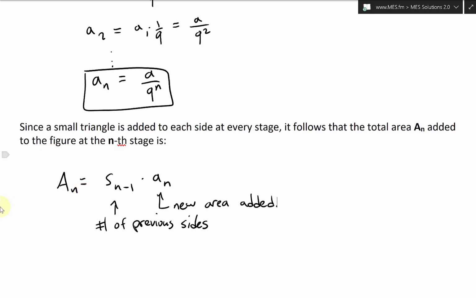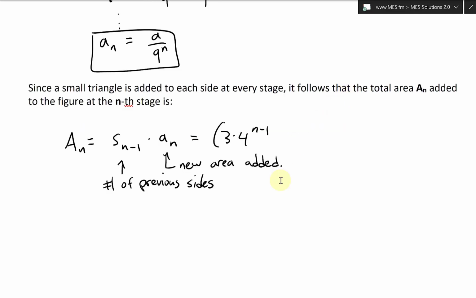So initially for the first construction, we're adding 3 triangles to the 3 sides of the original triangle. And this is going to equal, well, we know the number of sides right here: 3 times 4^(n-1). And that is just from the above.